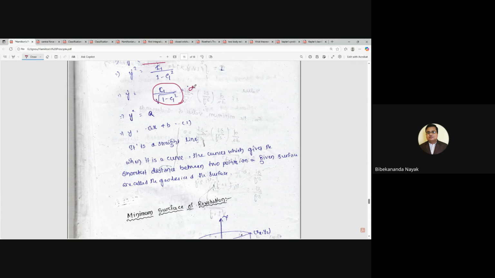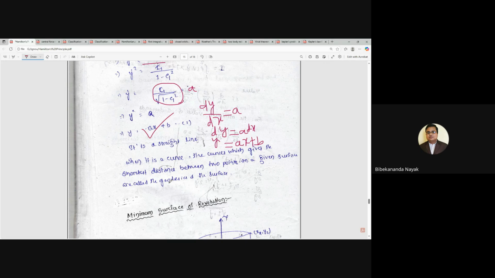Let's say a. Y dot means dy by dx, so dy by dx is equal to a. So what is y? dy is equal to a dx, and y is equal to the integration of this, a x plus another constant b. So that is a straight line.